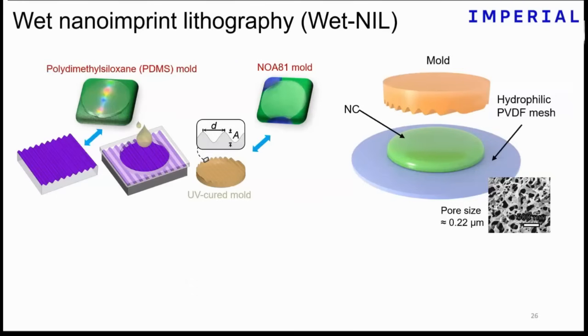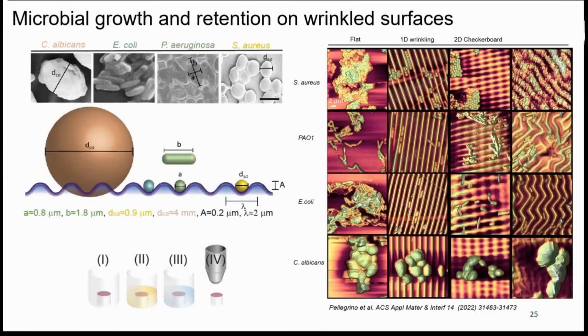The key result that we found here was that effectively these surfaces, the ones that we call checkerboards, these chevron patterns, were the most potent. We found that the local tortuosity, the fact that they had sharp angles commensurate with the microbe sizes, quantifiably decreased their proliferation rate.